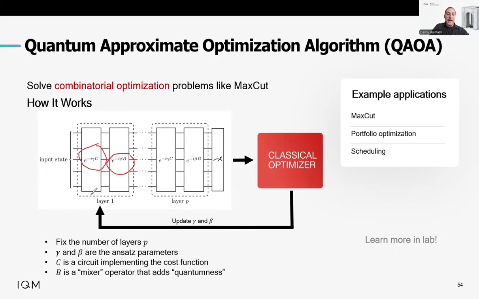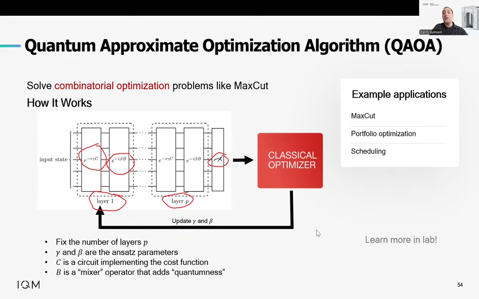And then we repeat that many times in many layers, and then we measure our cost function at the end. Then we optimize the parameters, and repeat until we've gotten to the lowest possible value for our cost function.